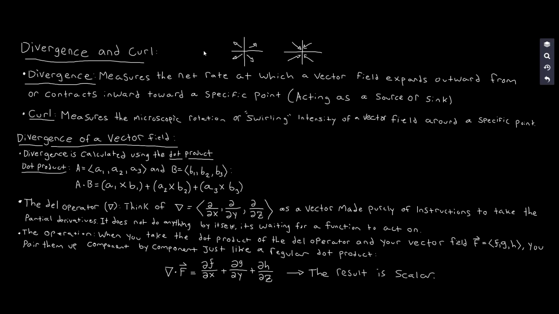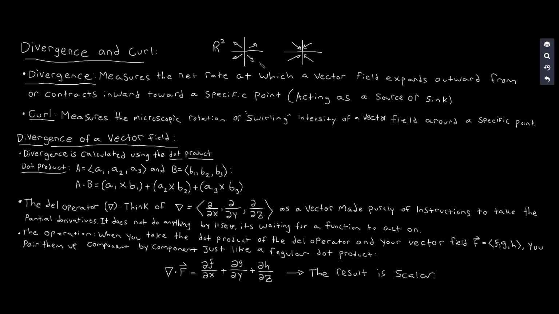So divergence and curl. Divergence in the context of vector calculus measures the net rate at which a vector field expands outward from or contracts inward toward a specific point, acting as a source or a sink. Here there's an image I drew. This is in R2, the second dimension, but you can expand upon it in R3, just add a height.